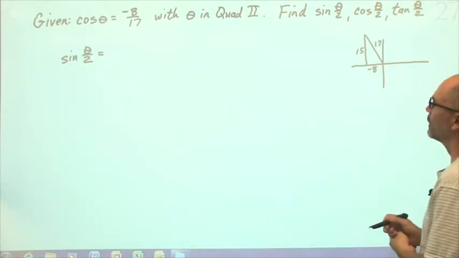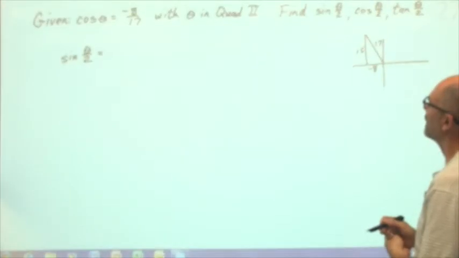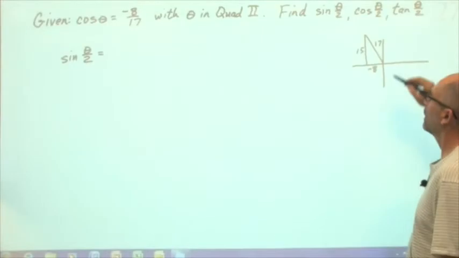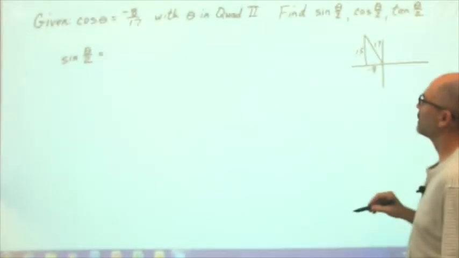Got to think about this for a second. If cosine of theta is here, that means theta goes here. Now, half of theta would be in the first quadrant. So we do know that's going to be positive.